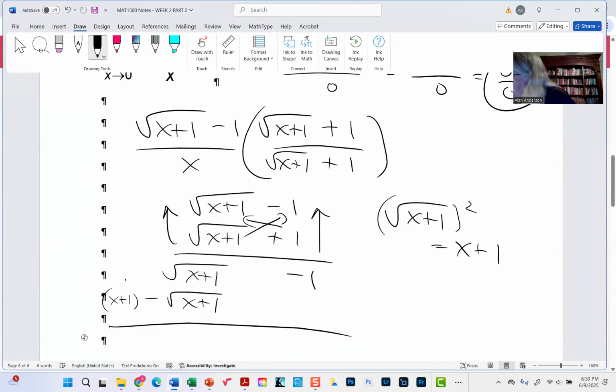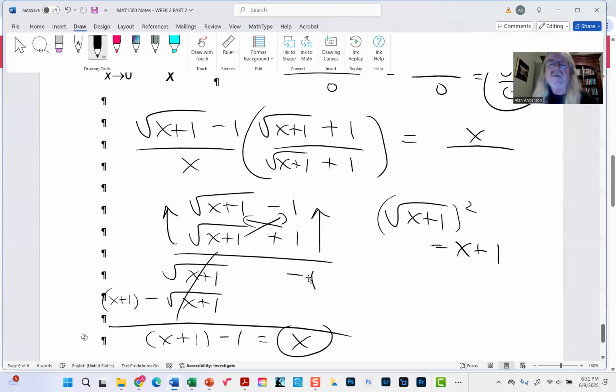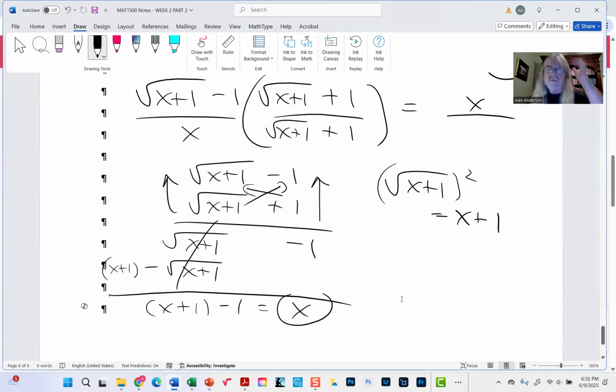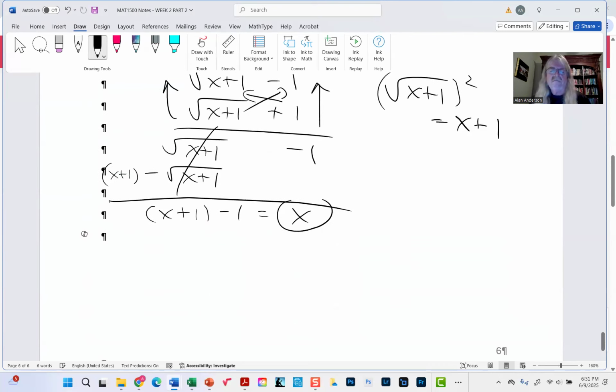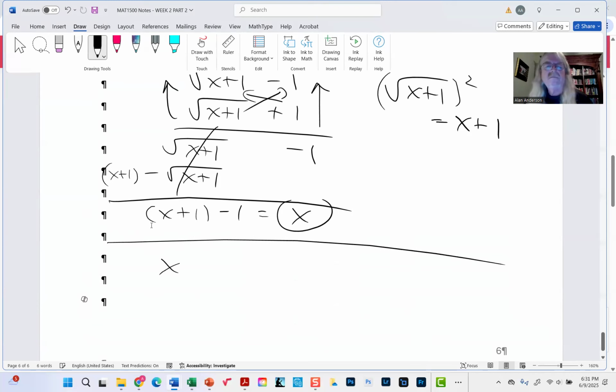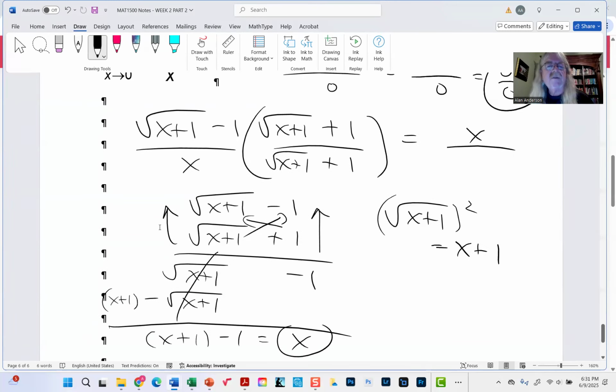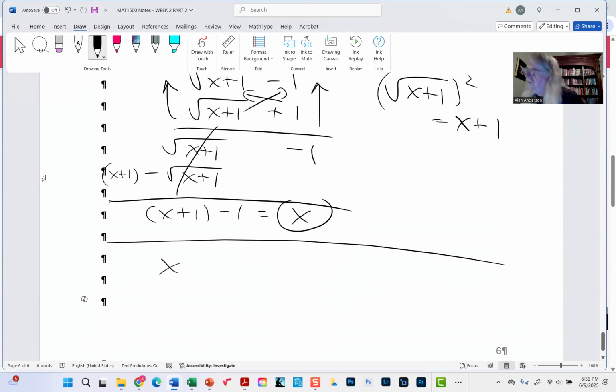So copy these down. Now, these drop out. So that means the numerator is x. So what's going on in the denominator? Well, this is the easier one. X times radical x plus 1 plus 1.